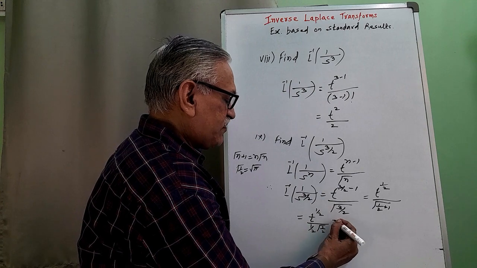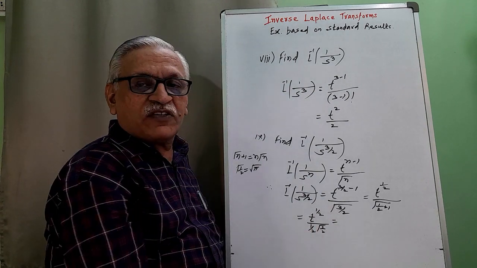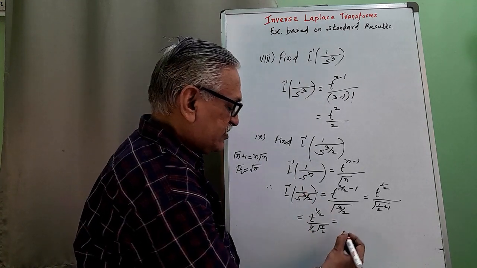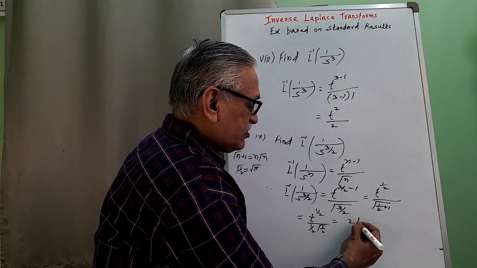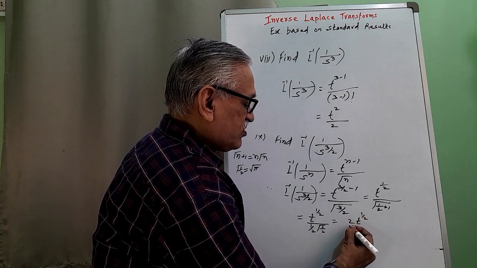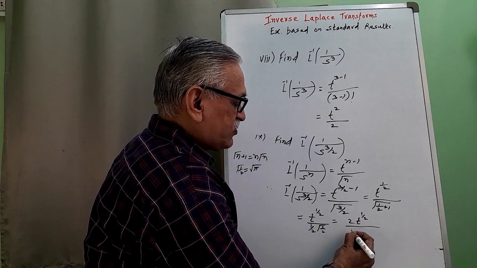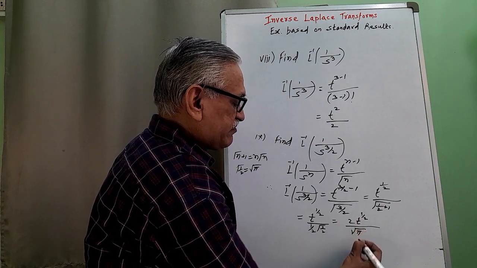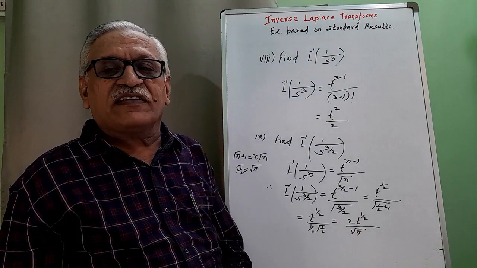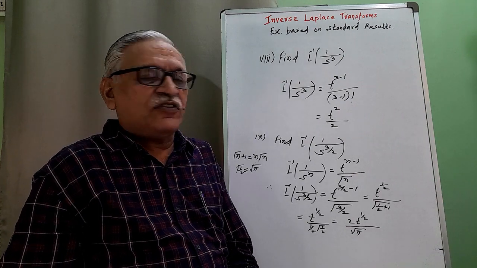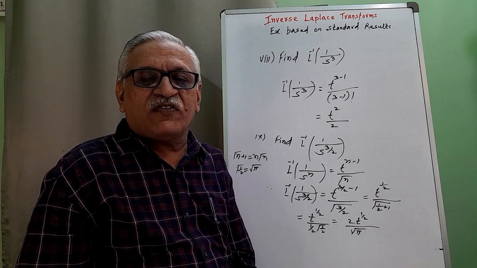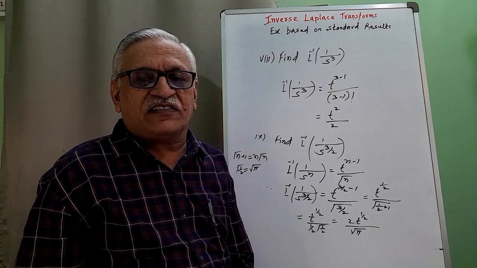Then substituting the value of gamma 1 by 2, the 2 from 1 upon 1 by 2 goes to the numerator, therefore it is 2 t raised to 1 by 2 divided by root pi as the required answer. Therefore, here I have explained one example for each standard result.